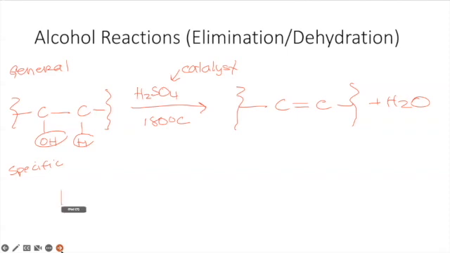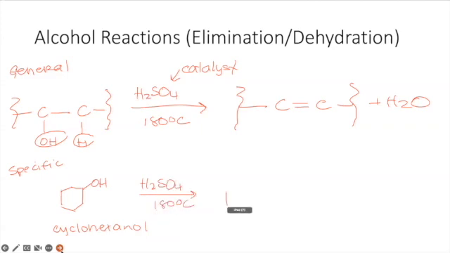So let's say we had cyclohexanol. We're under the right conditions. We have our catalyst, 180 degrees Celsius. We're going to end up producing, now again, we can choose the implied hydrogen here or here, doesn't matter.